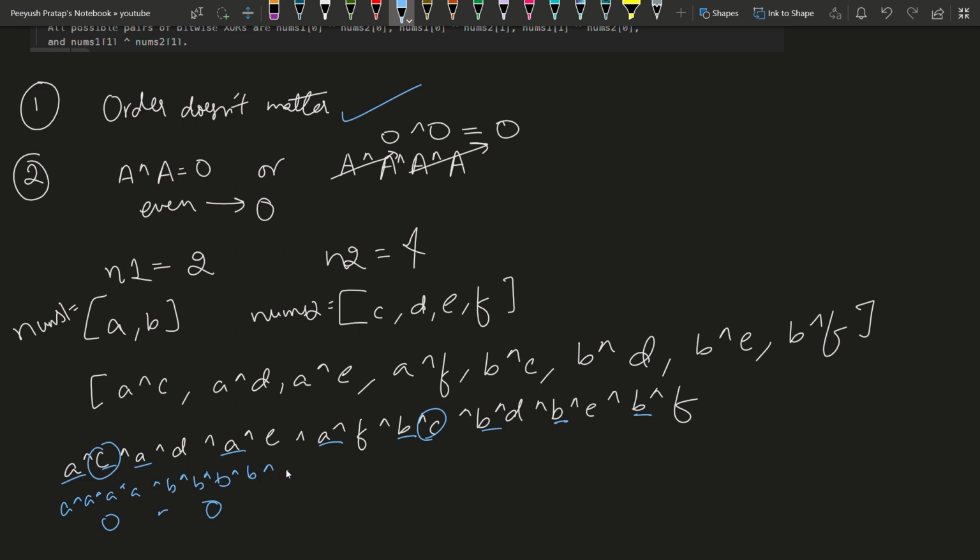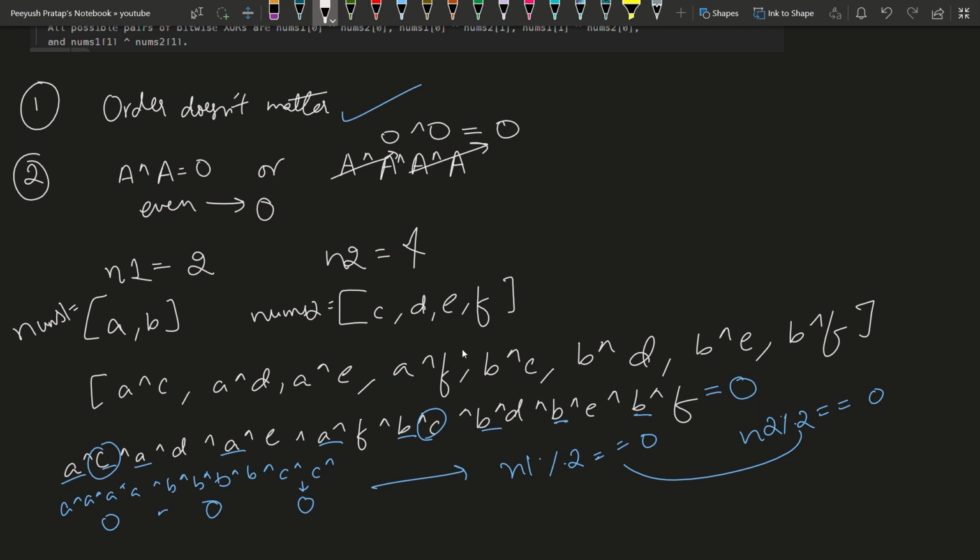So it will be C XOR C, and again it is an even number, it will come as 0. So we can say that if it is E1, N1, length of array 1 is E1 and length of array 2 is also E1, then our XOR of total array nums3 will equal 0, as I have shown here.